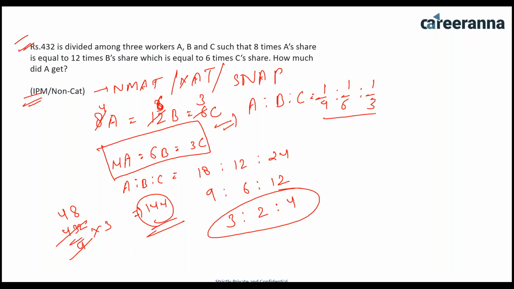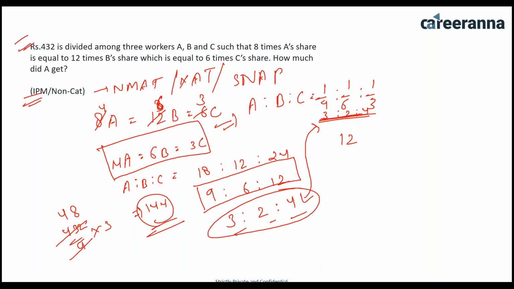So if you take the LCM of these 3 numbers, it will be 12. So if I take the LCM to be 12, it is 3, it is 2, it is 4. So this is the case. Guys, any doubt till now? So the ratio will be 3 is to 2 is to 4.